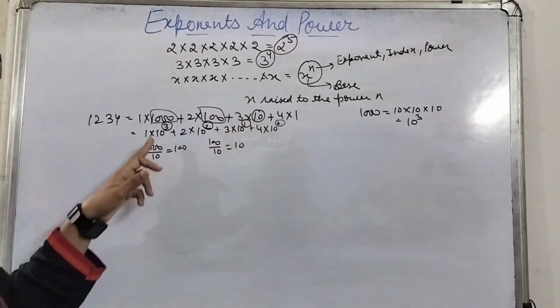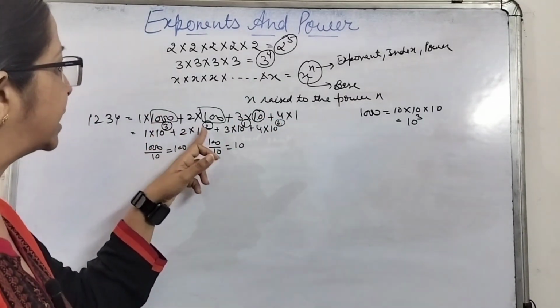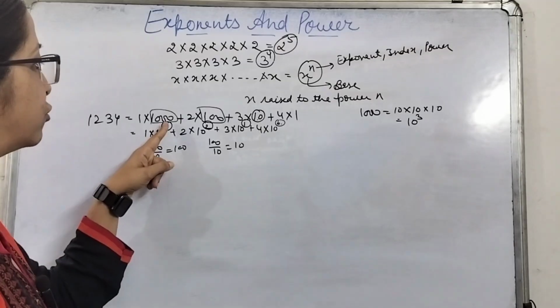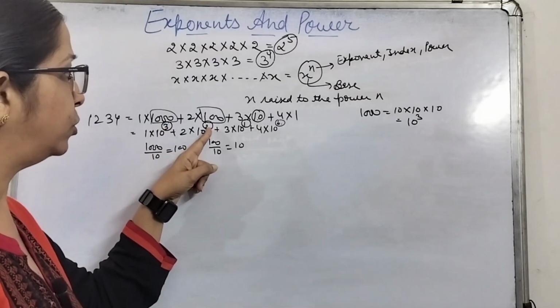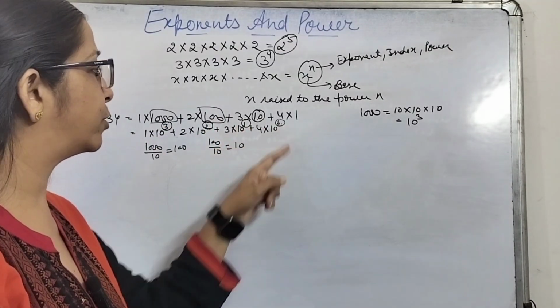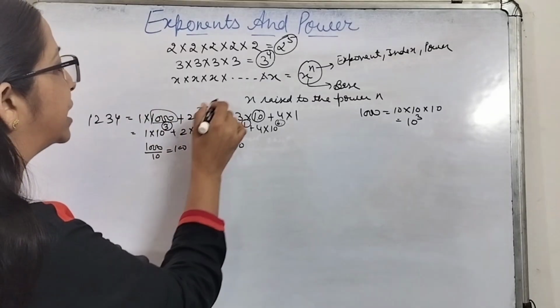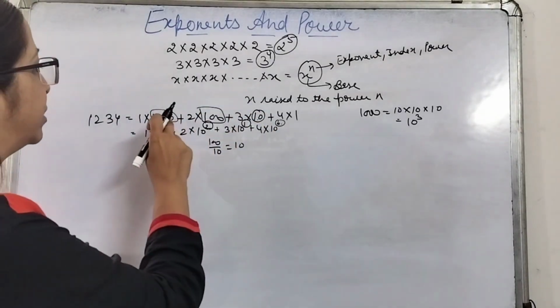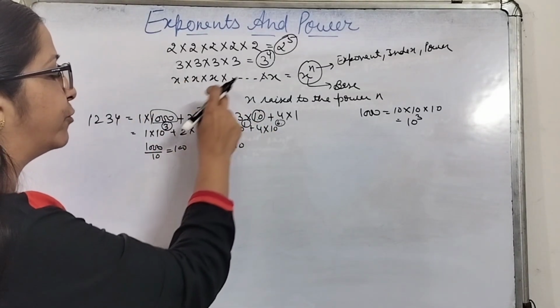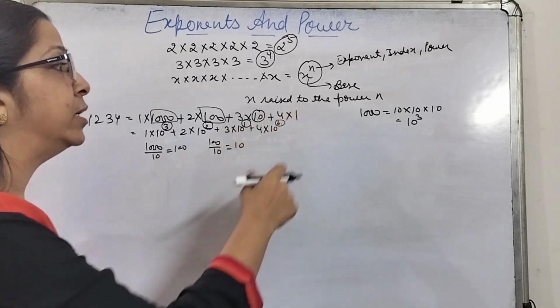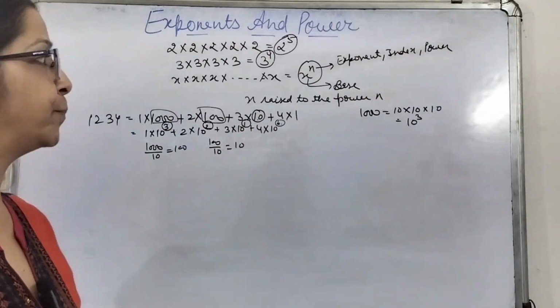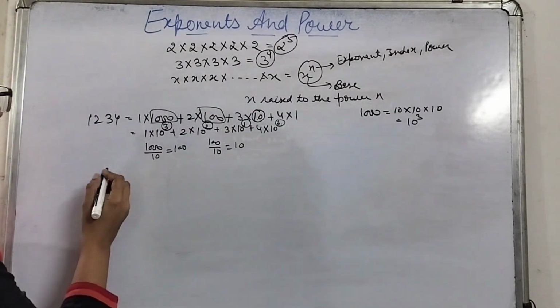That means if the exponent is decreasing by 1, then the value is becoming 1/10 of what it was. From 1000 it becomes 100, then from 100 to 10, from 10 to 1.